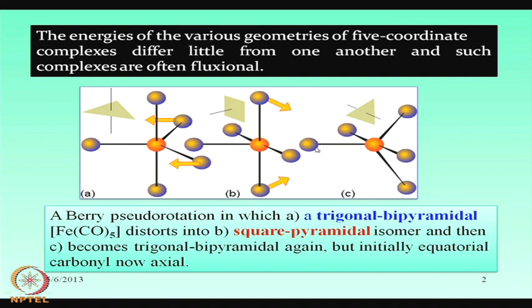Now we have three other spheres which are already present over here, as the axial carbon monoxide is now equatorial and equatorial carbon monoxide will now be axial.